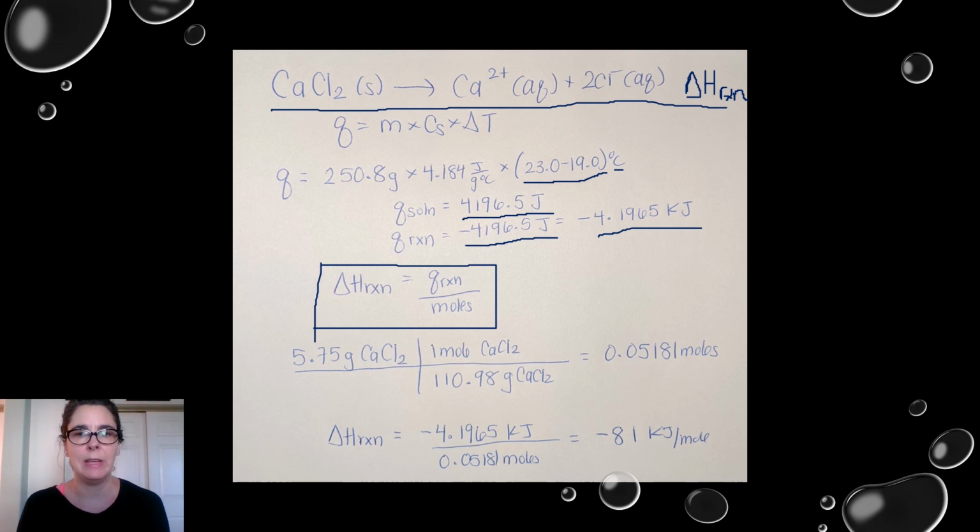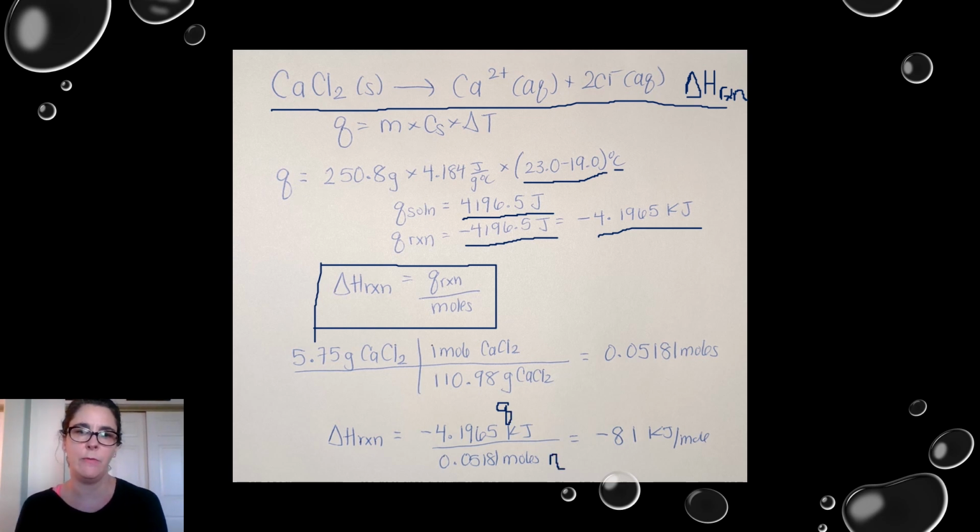So I had 0.05181 moles of calcium chloride. So then for my enthalpy of the reaction, this is my Q, turned into kilojoules, and this is my moles n.